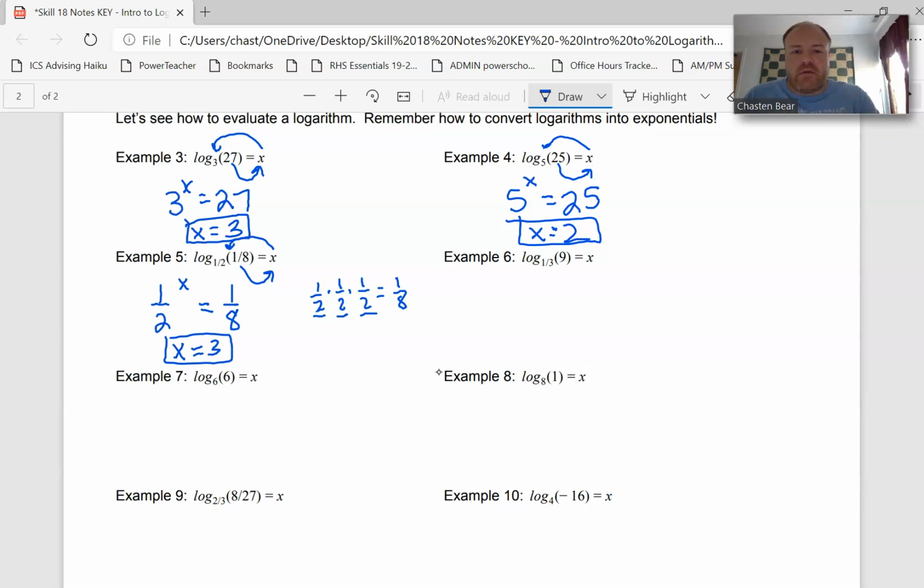If we look at the next one, we'll do our loop conversion. So 1/3 to the what power gives me 9. Well, this one's probably going to be a little bit harder, because you can't take 1/3 times 1/3 times 1/3 to something, so we probably are going to have a negative number here. All right, so if I think of this as 1/3 to the x, that's the same as saying 3 to the negative x.